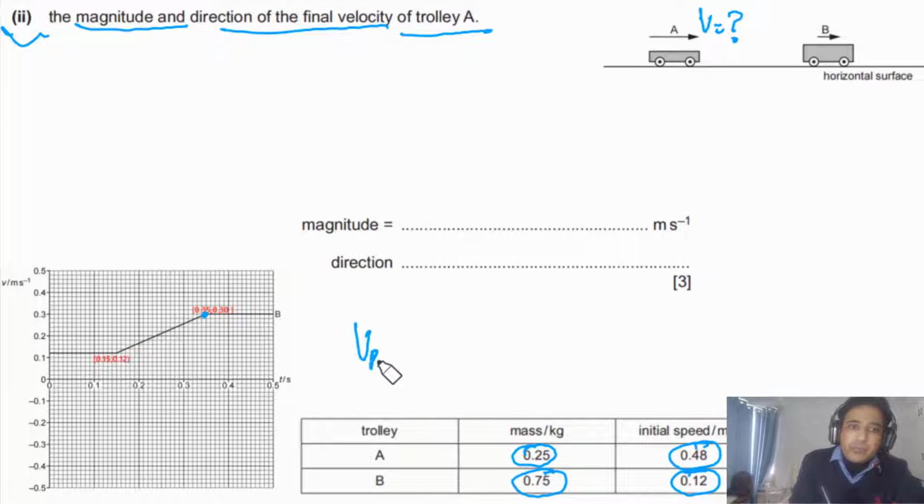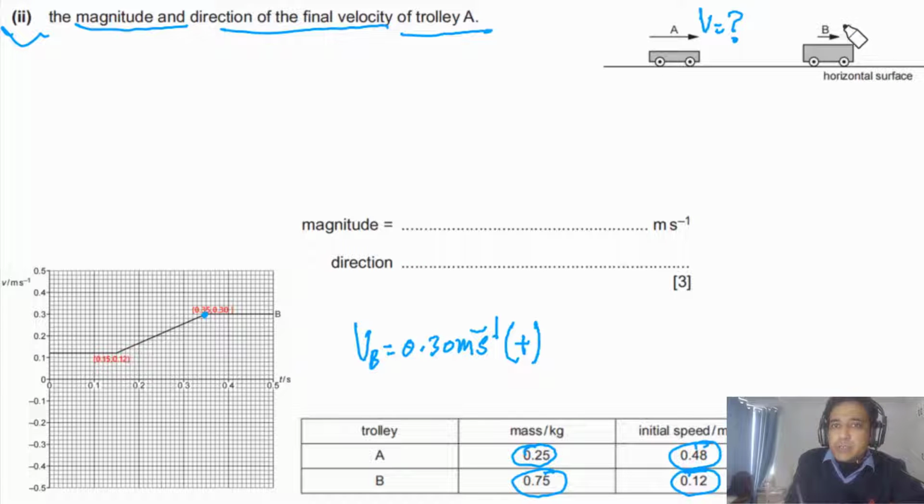And VB, we can say that is equal to 0.30 meters per second, and this value is positive. It means this trolley is moving to the right. So this is VB, and VB is to the right.